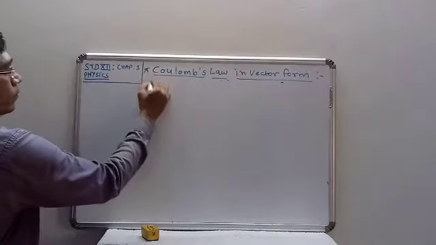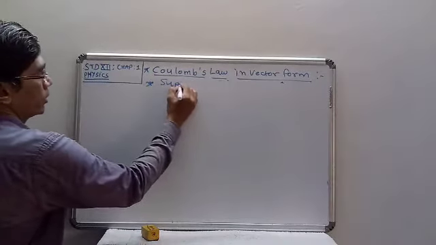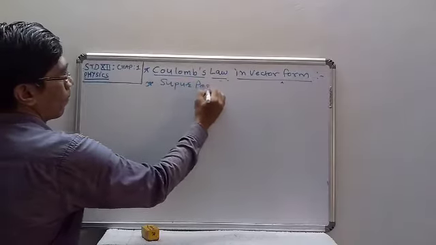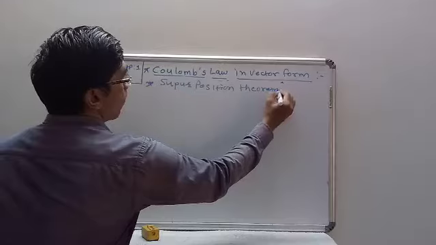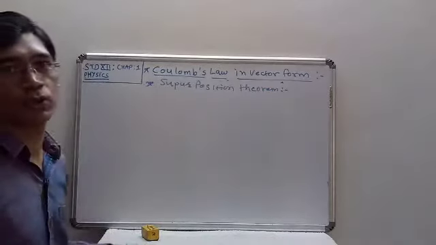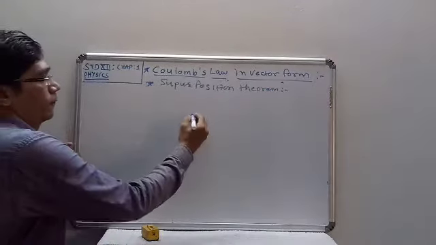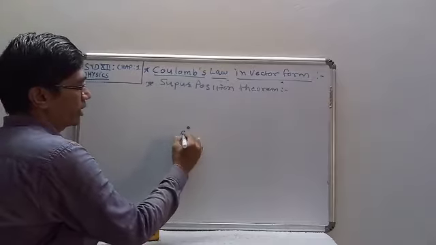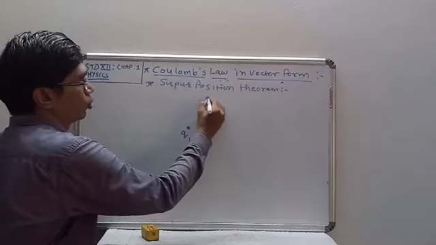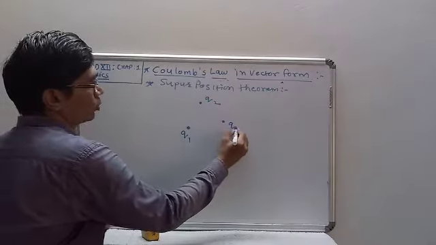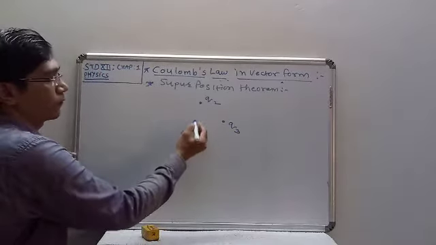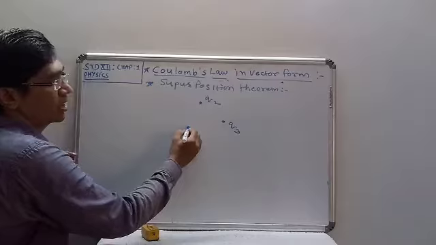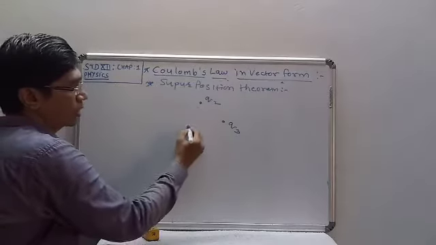Now another term, superposition theorem. What is the superposition theorem? If you are taking one charge Q1, here is Q2, here is Q3, then Q2 and Q3 apply electric force on the charge Q1.